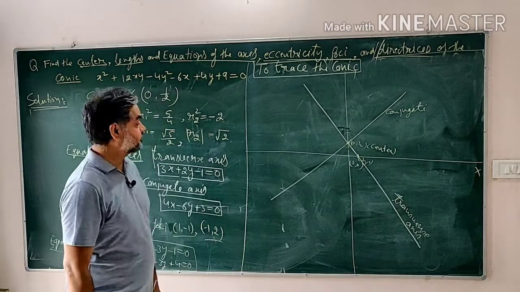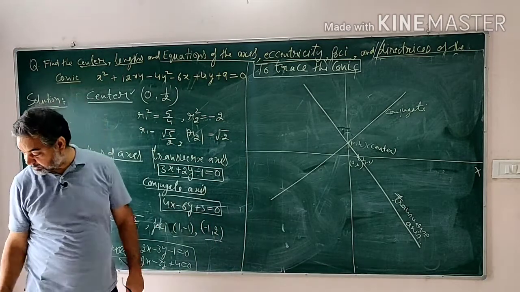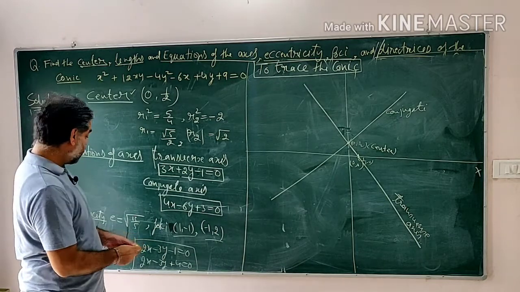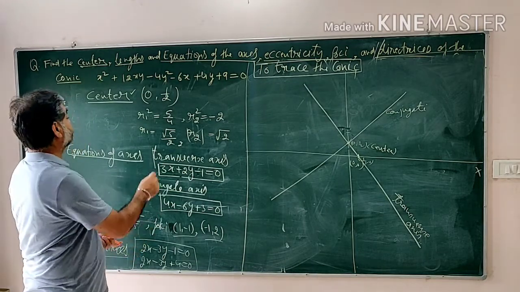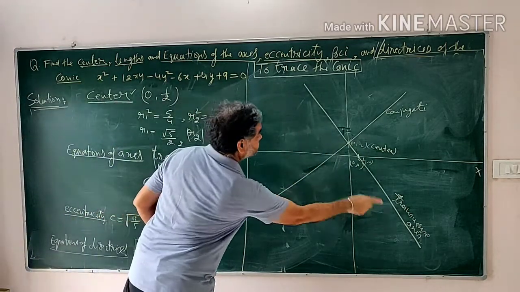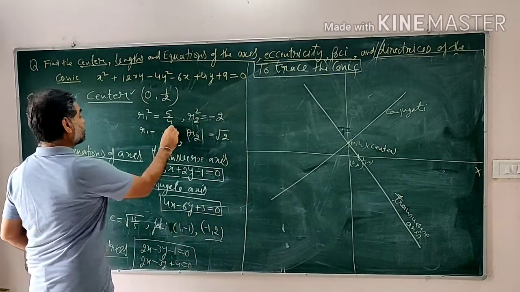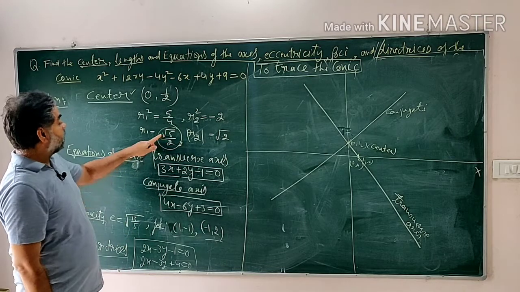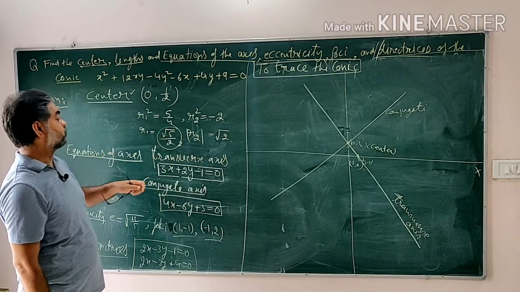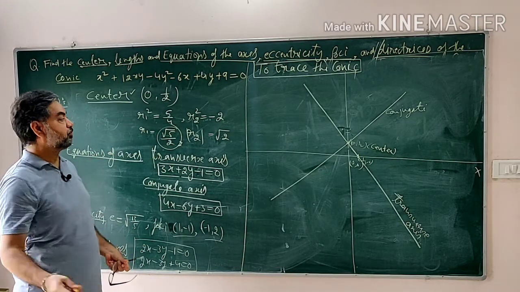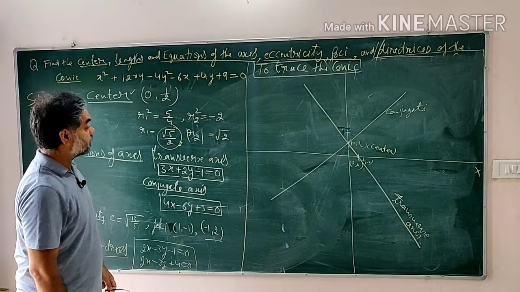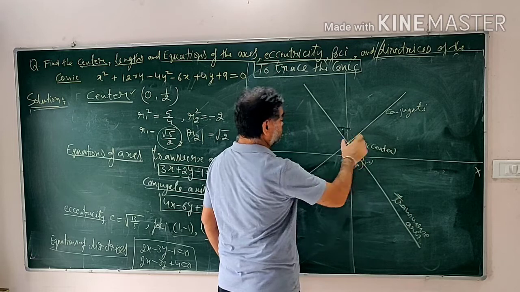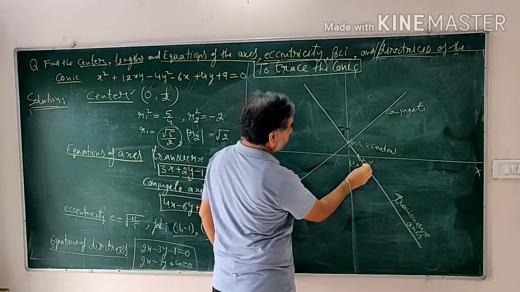Now on the transverse axis, mark a point at a distance of root 5 by 2, which is approximately 1 point something. So it is some point here.